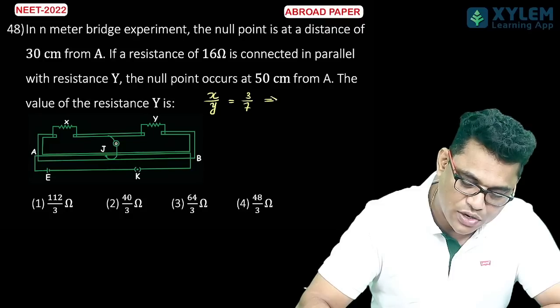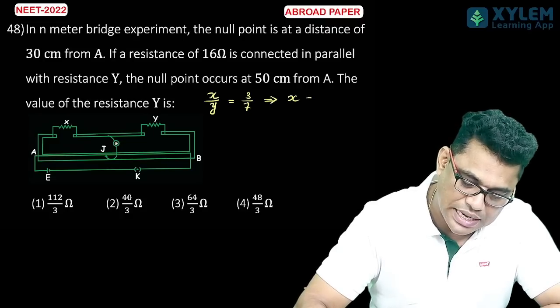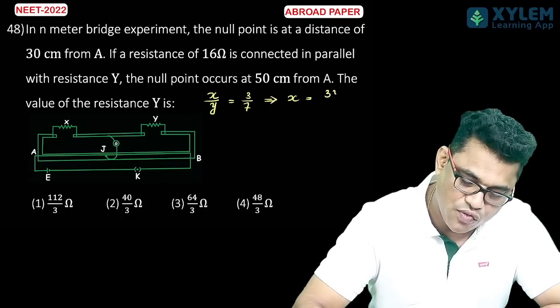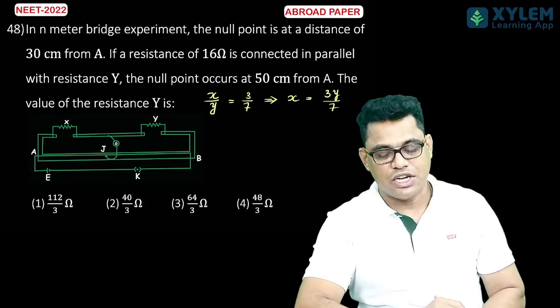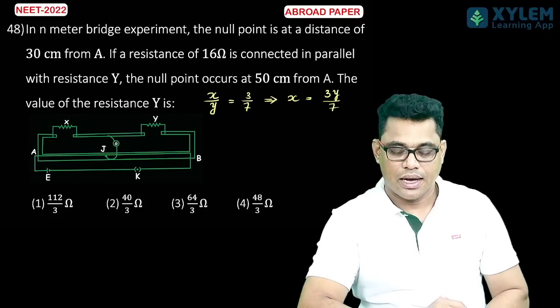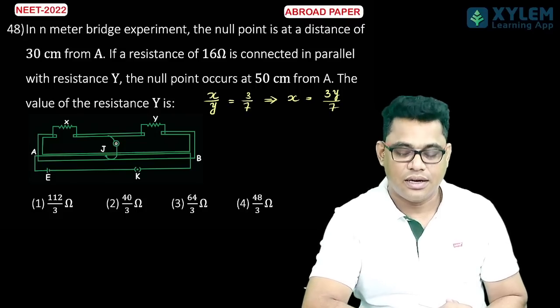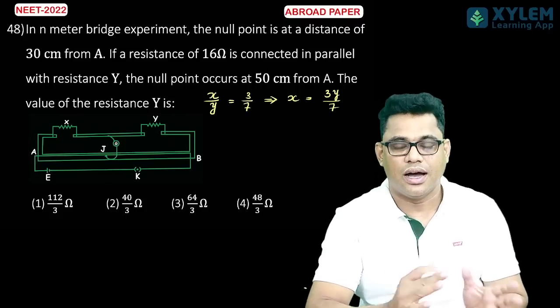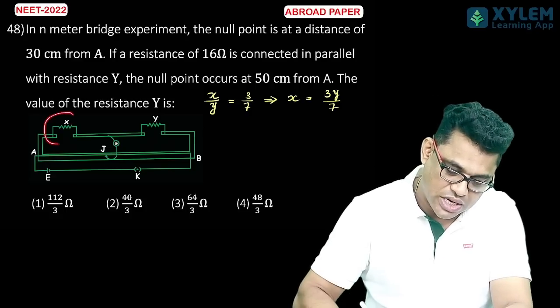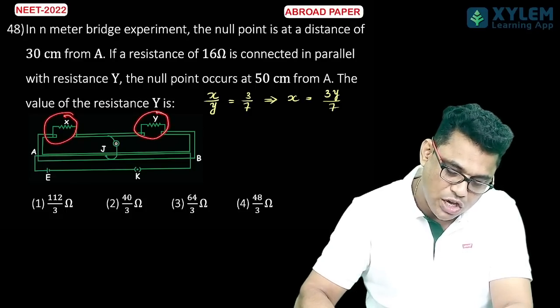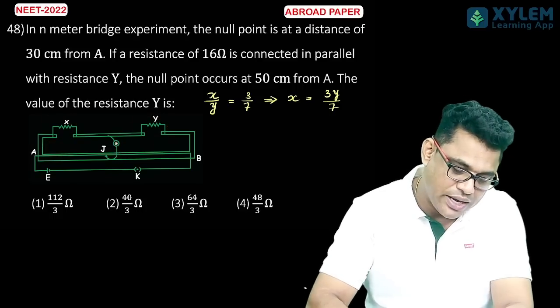From here, if you want to eliminate x, you can write x is equal to 3y by 7. Let me write it like that. And from the second situation, you know, the balancing length turned out to be at the midpoint of the wire. That means the resistance this side and this side must be equal. Then only the balancing length will be exactly at the midpoint. When did it happen?